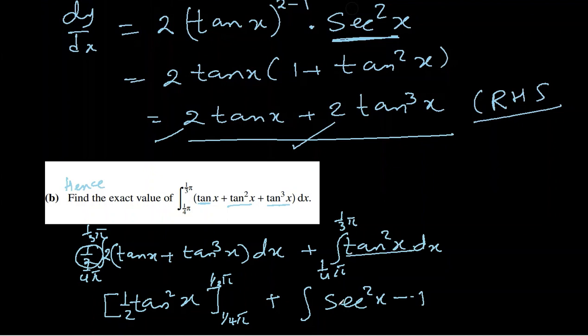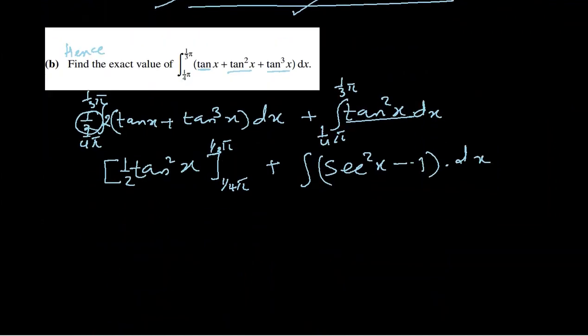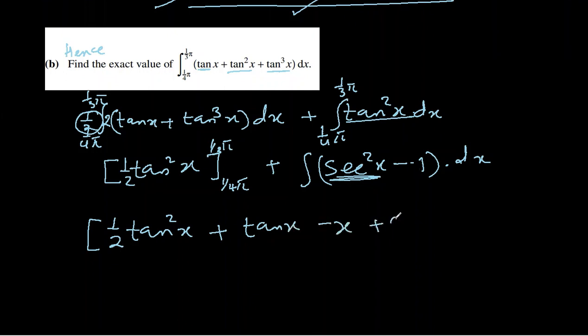Tan square x is equal to secant square x minus 1 dx, and integrating it will be very easy. So our first part was half tan square x. I'm integrating this and I'm not writing the closing one. Integration of secant square is tan x. Integration of minus 1 will be minus x plus c, done.